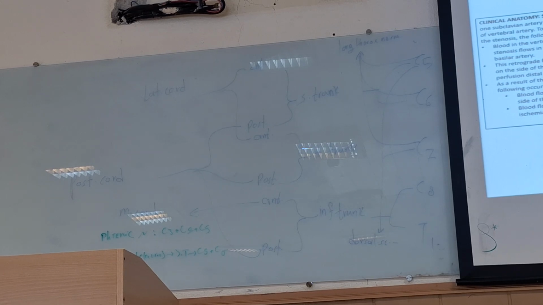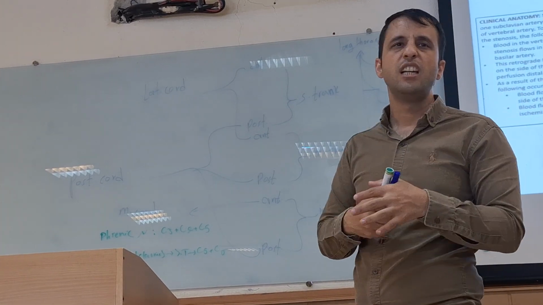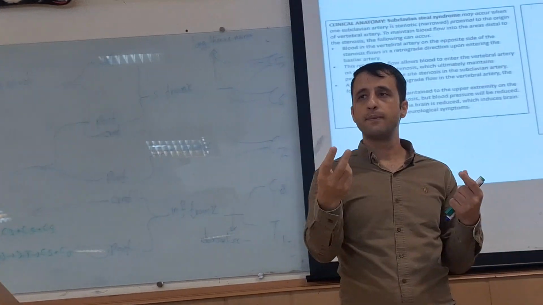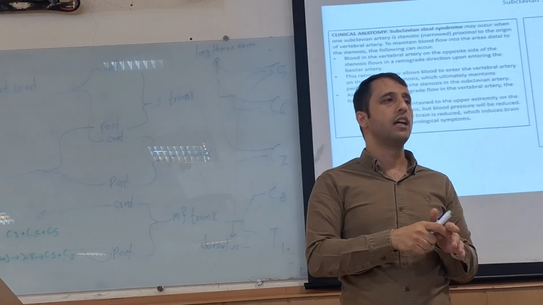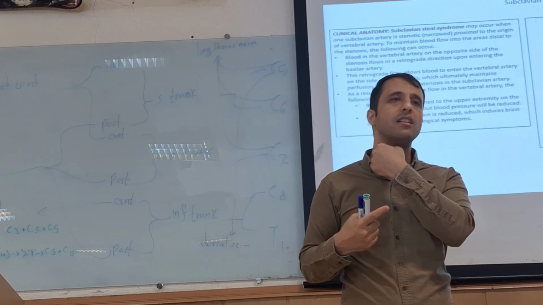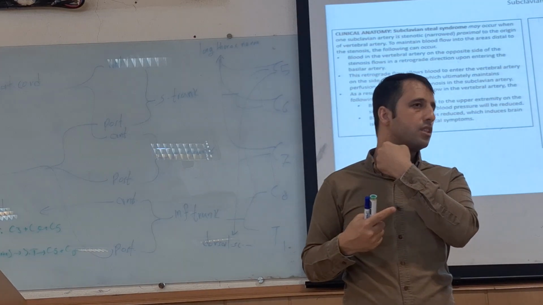So, if you want to do a small surgery in this area, which needs anesthesia, you can inject the anesthetic liquid at the posterior border of SCM.